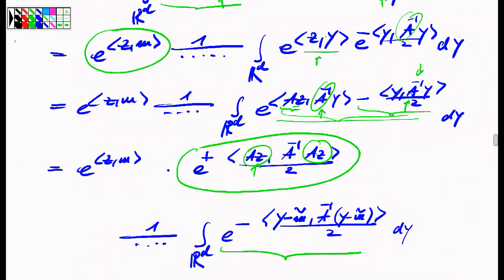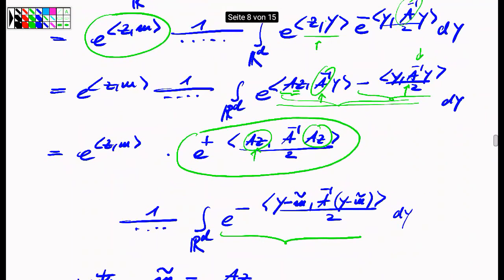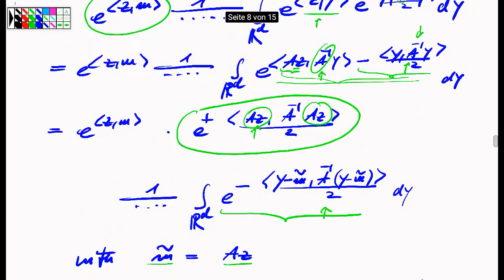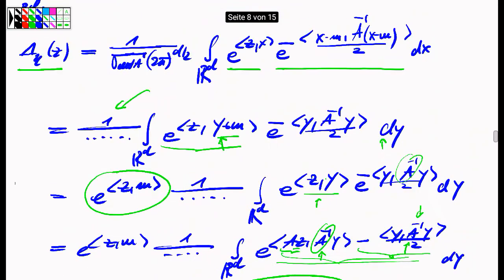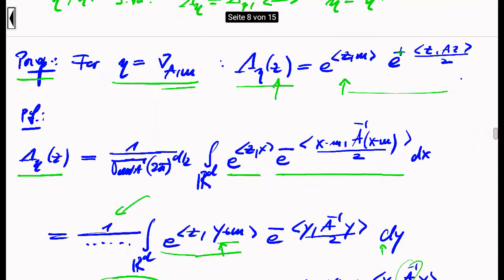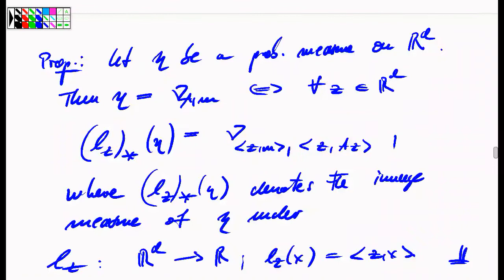So by multiplying with 1, which involves the minus term and the plus term, I use the minus term for completing the square, and the term that remains is the plus term here, and that's then finally the second factor in the formula, which was to be shown. So the right statement here is that the Laplace transform of a Gaussian measure involves a plus for the quadratic form in the second factor. Okay.